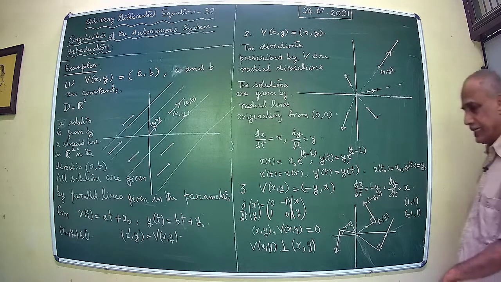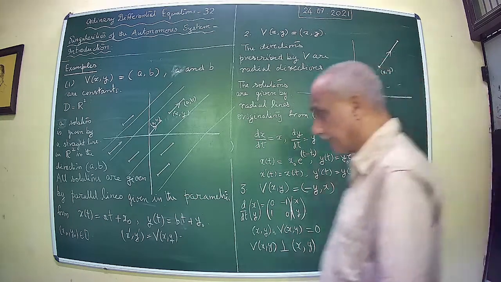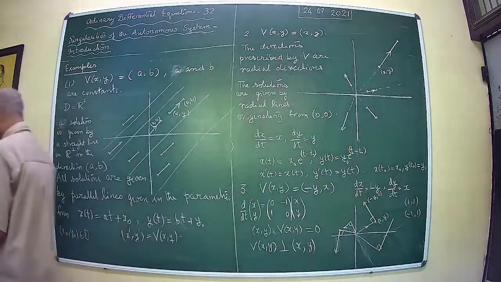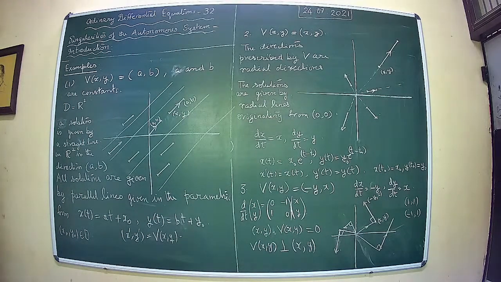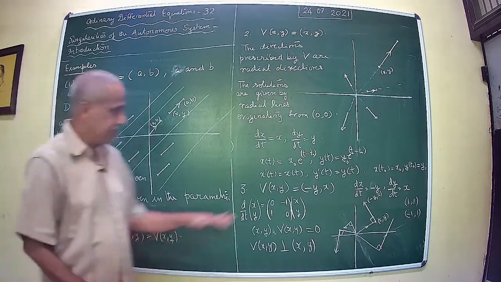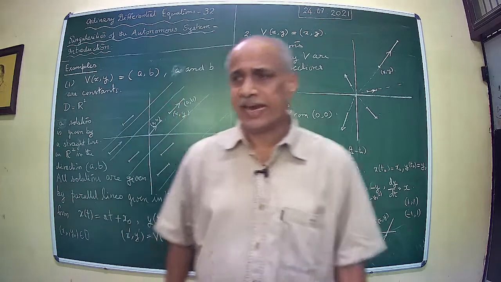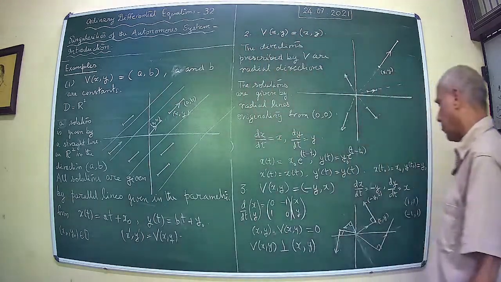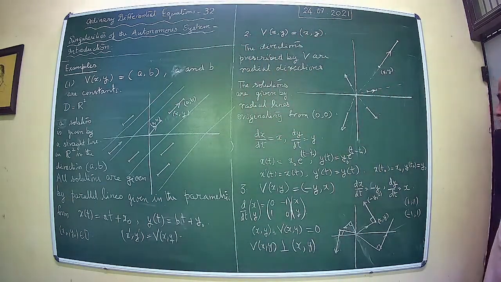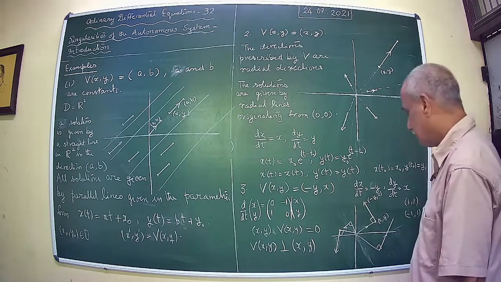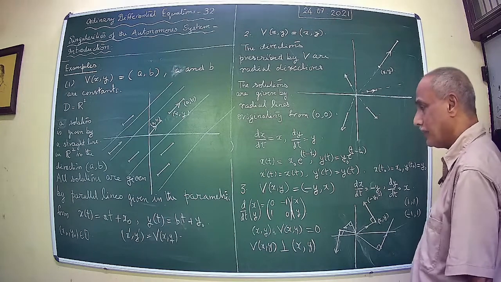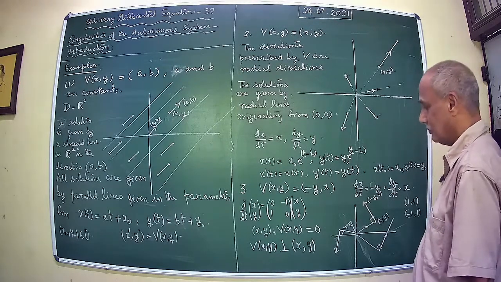So now you see it defines a field of directions. What is the field of directions? The field of directions defined by (minus y, x) is orthogonal to the radial directions. In which way? In the counterclockwise way. It's not clockwise. It is in the counterclockwise way. Okay.